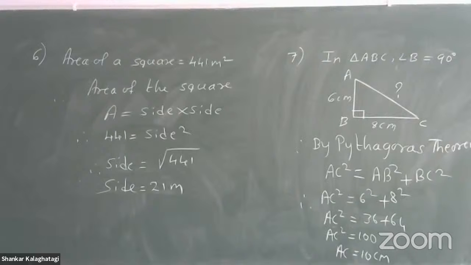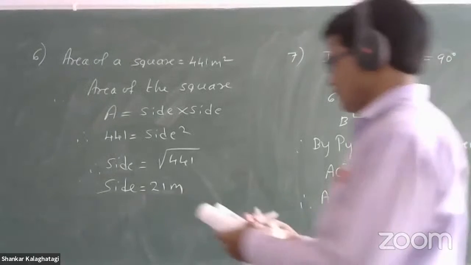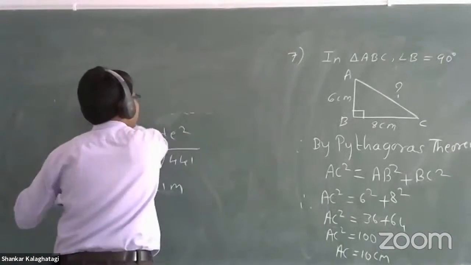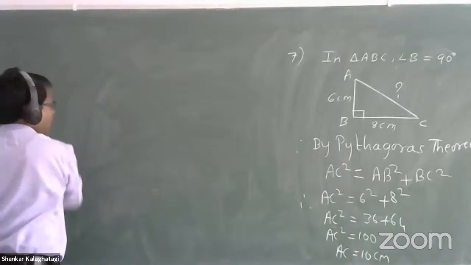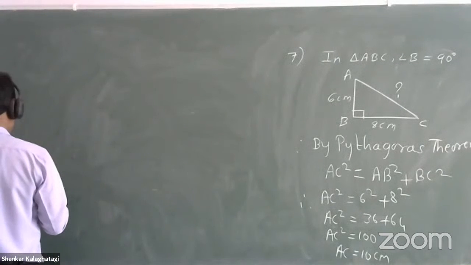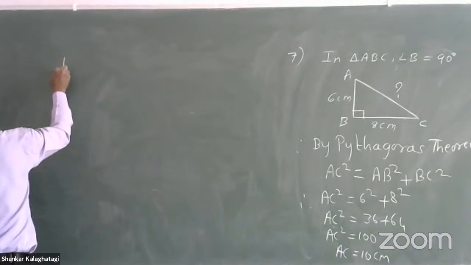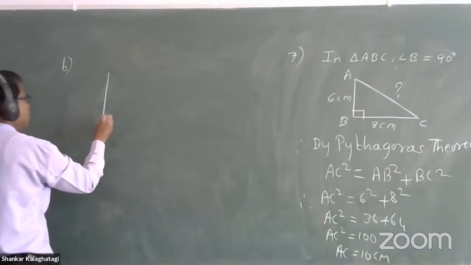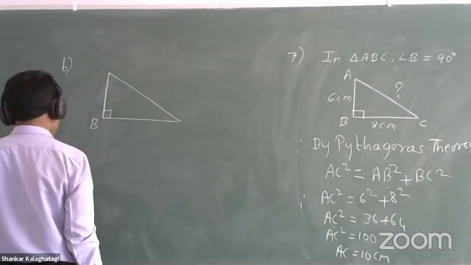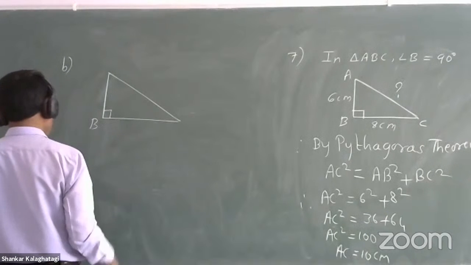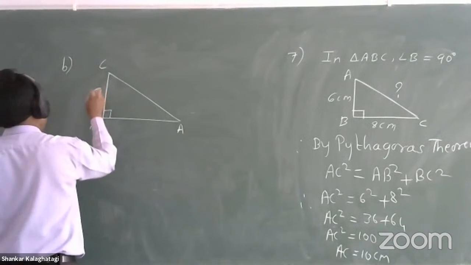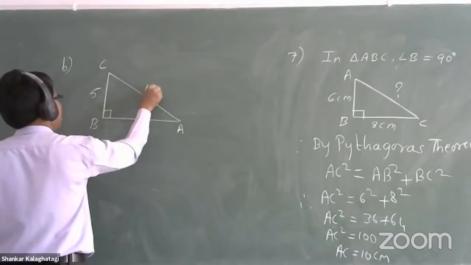In the same example, one more question is given. In the right angle triangle ABC, B is 90 degrees. BC is 5, AC is 13, and AB is asked.